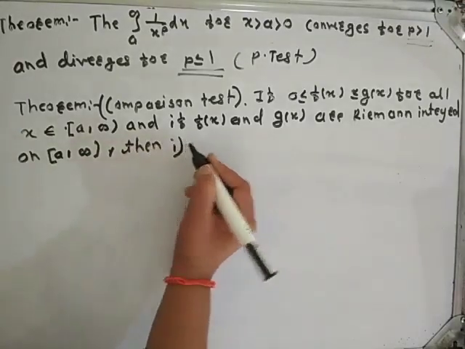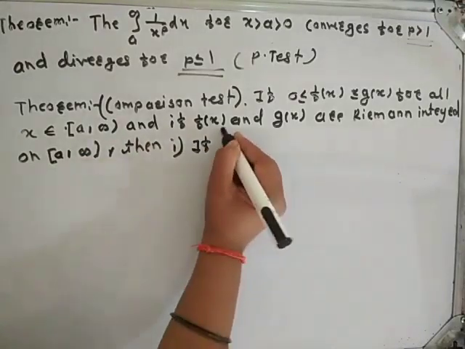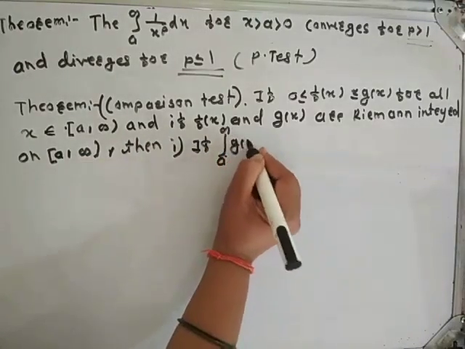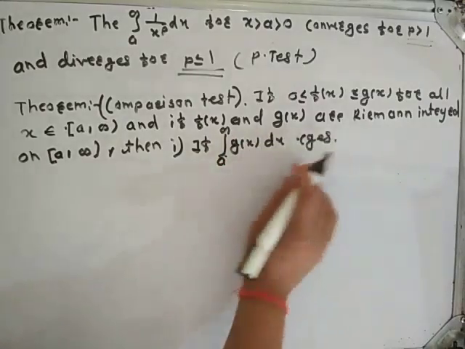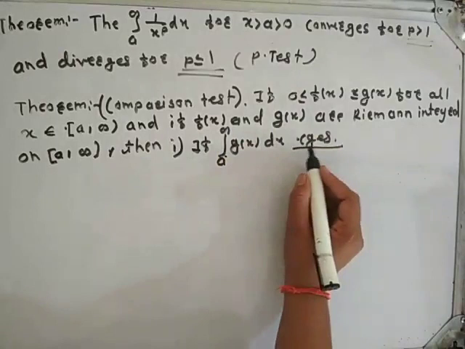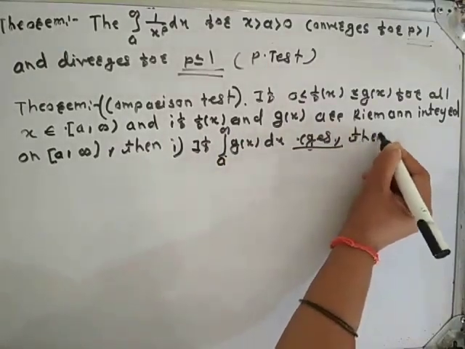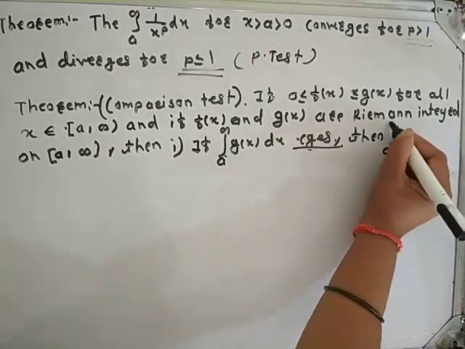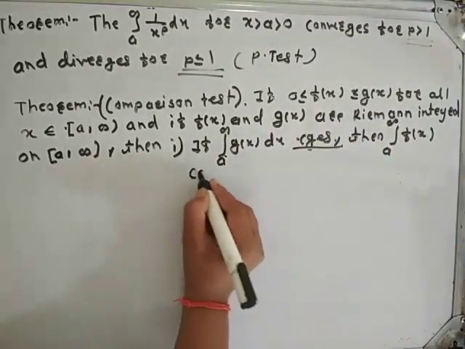first, if integration from a to infinity g of x dx converges (for converges I will write CGS), then integration from a to infinity f of x dx converges.